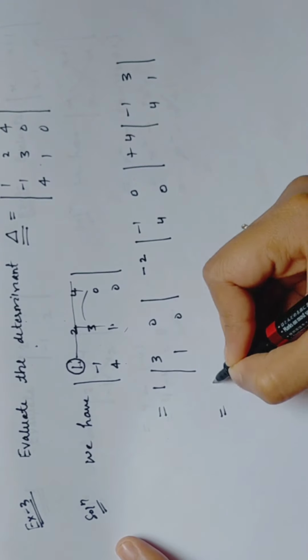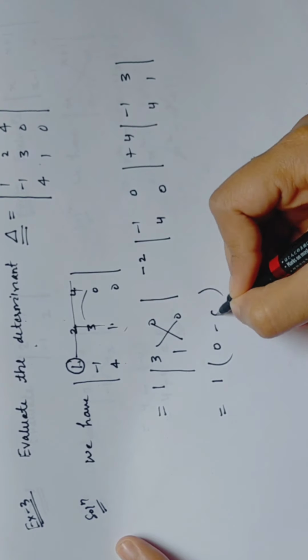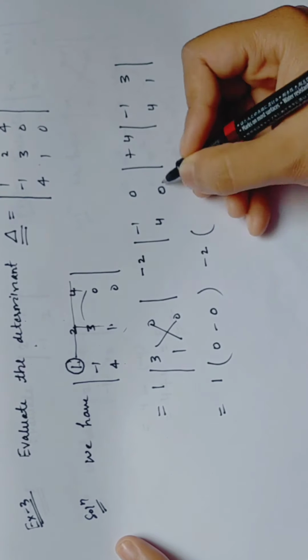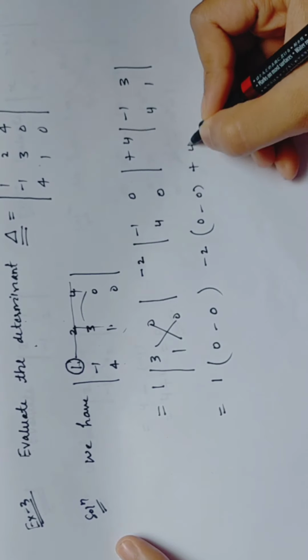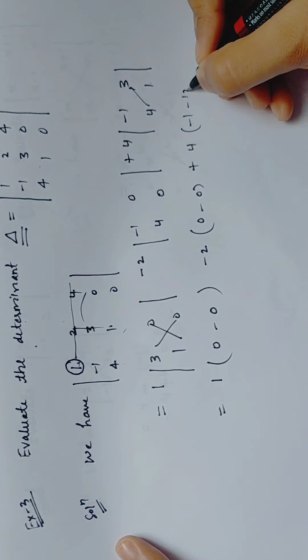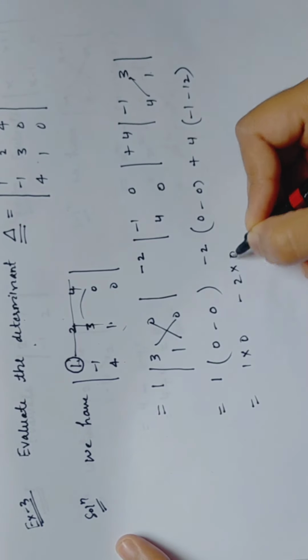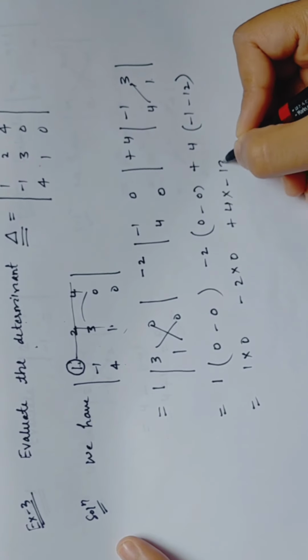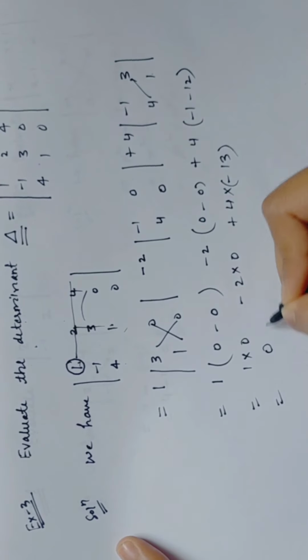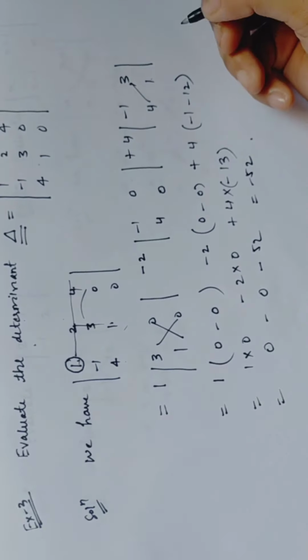Now we will open it: 1 into cross multiply as earlier, 0 minus 0, minus 2 into 0 minus 0, plus 4 into minus 1 into 3, that means minus 12. 1 into 0, minus 2 into 0, plus 4 into minus 13. 0 minus 0 minus 52, that is equal to minus 52.